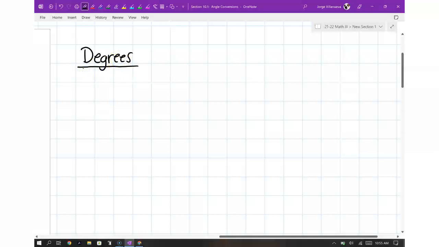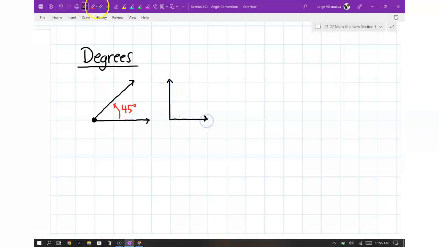This is something you should be well acquainted with, a degree measure, right? For example, if I draw something like this, most of you will be able to say that looks like a 45-degree angle. If I draw something like this, what angle am I trying to draw?